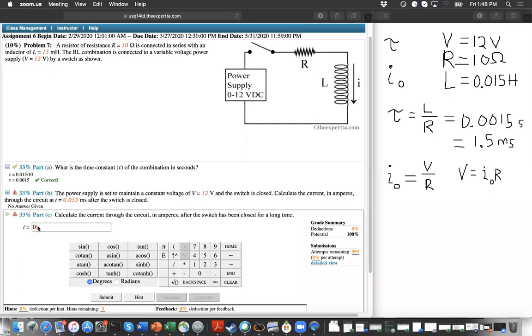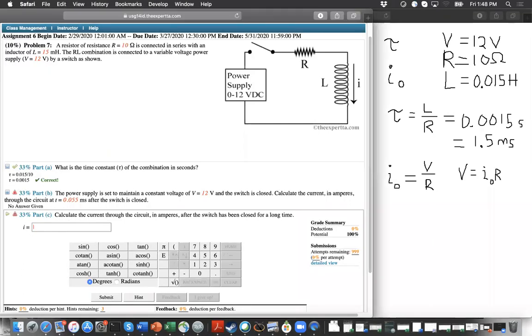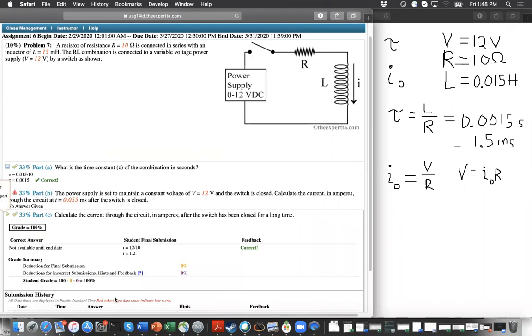In this case, the current is 12 volts divided by 10 ohms, going to be 1.2 amps. And in fact, that is correct.